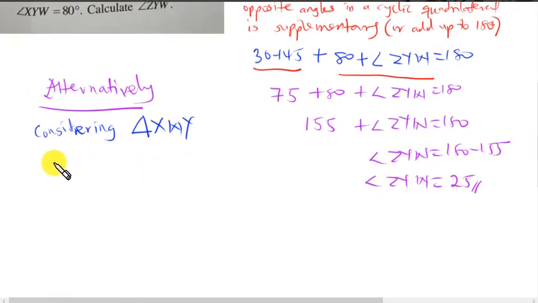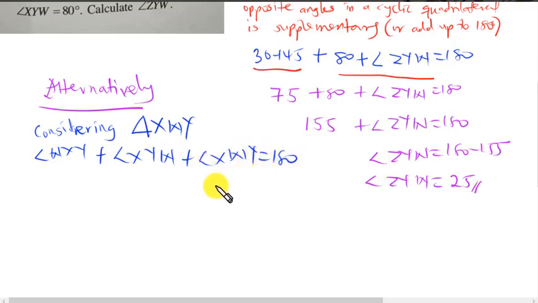So let me look at the angle at X. I can call that angle WXY. Let me look at the angle at Y. I can also call that angle XYW, and the angle at W, I think I can also call it angle XWY. Now this adds up to 180 degrees. Angle WXY, that is the angle at X, is currently unknown. All right, so that is the angle I'm finding. Angle XYW, that is the angle at Y, we know it to be 80 degrees.